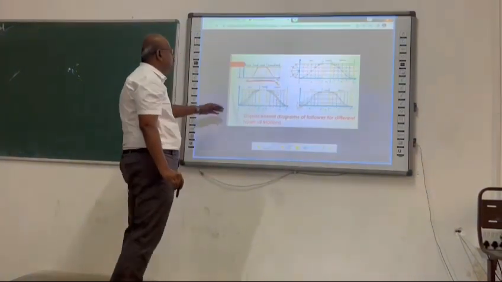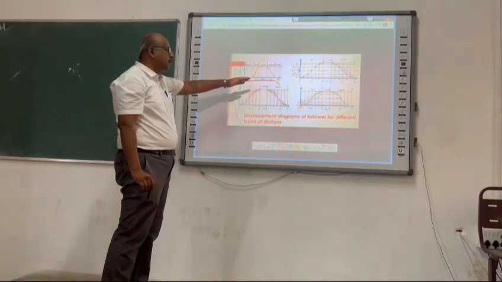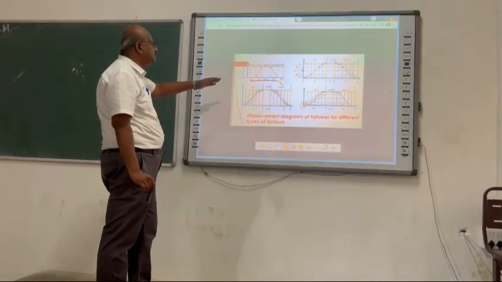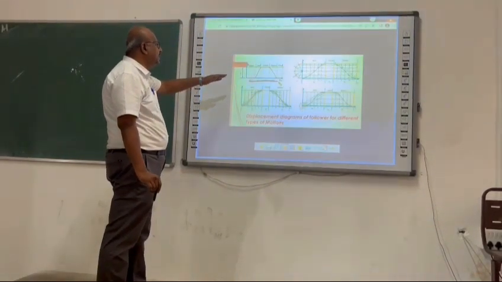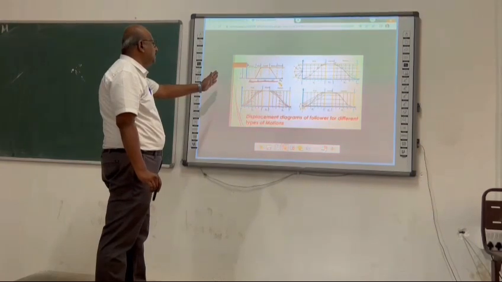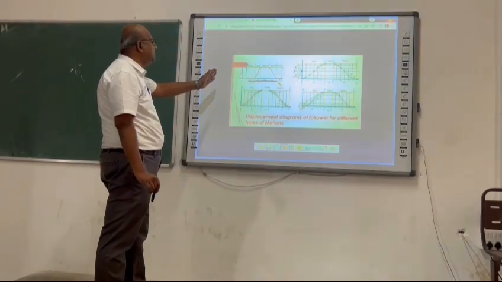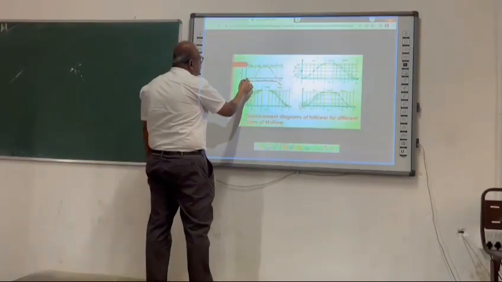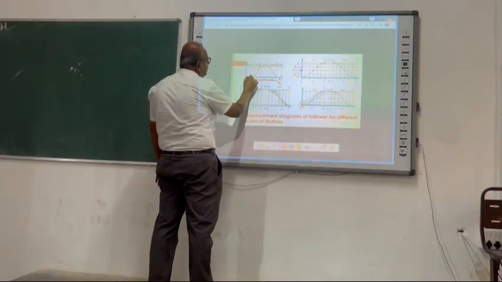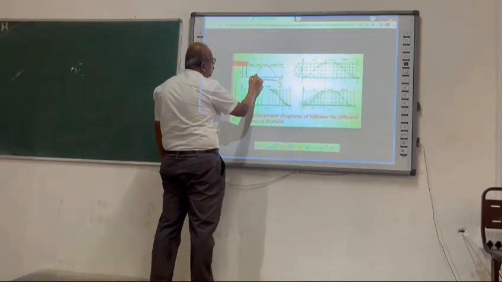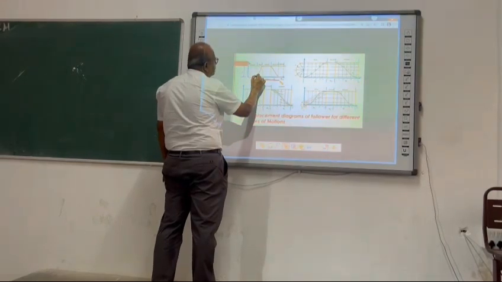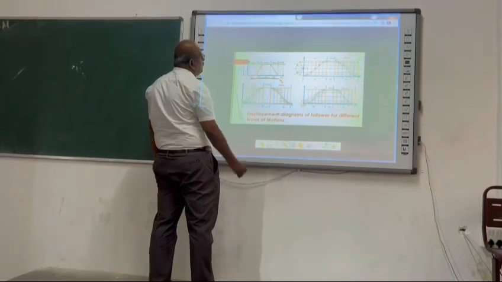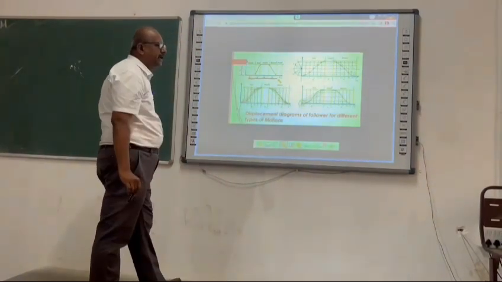The cam angle theta is noted on the x-axis and the lift s is noted on the y-axis. For the dwell period of the cam, the horizontal line lies along the x-axis, and for uniform velocity motion, a straight line joining the diagonal of the rectangle represents the rise of the follower.